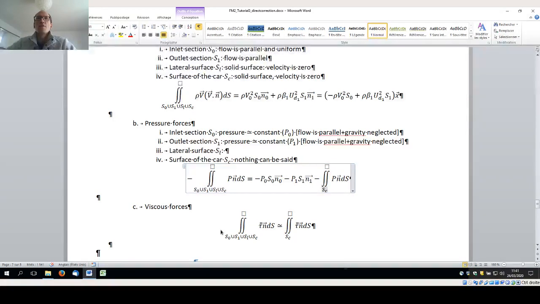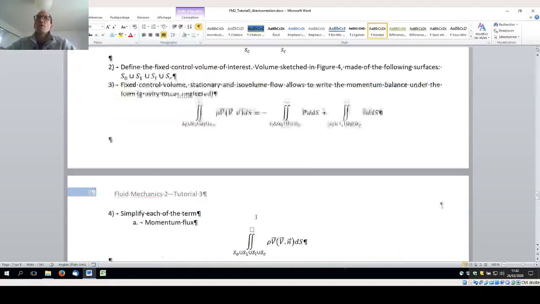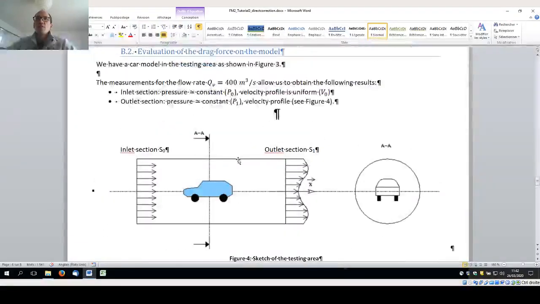So what can we say about what's happening on the lateral surface due to pressure?